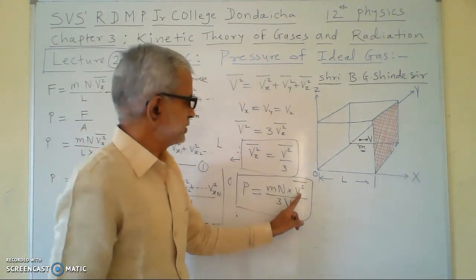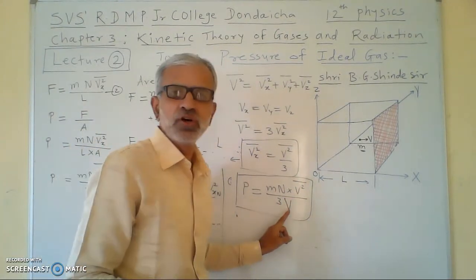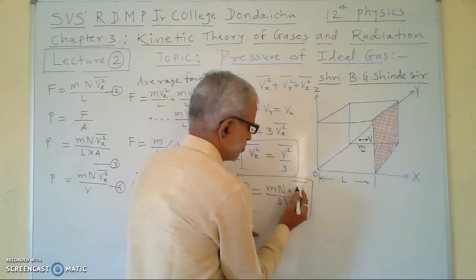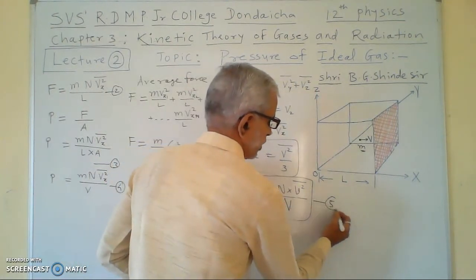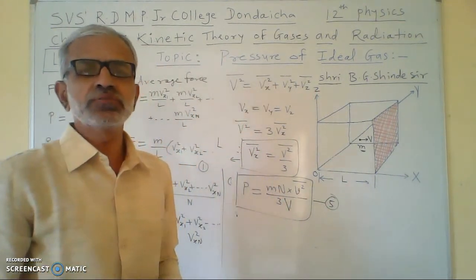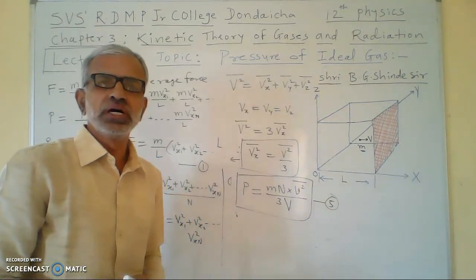On the numerator it is a velocity and on the denominator it is a volume. So this is the expression for the average pressure of the ideal gas.